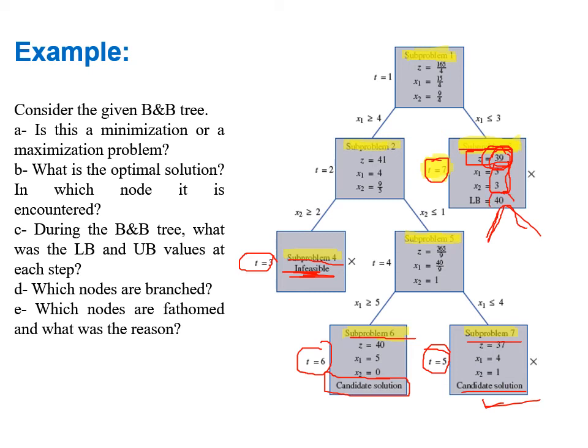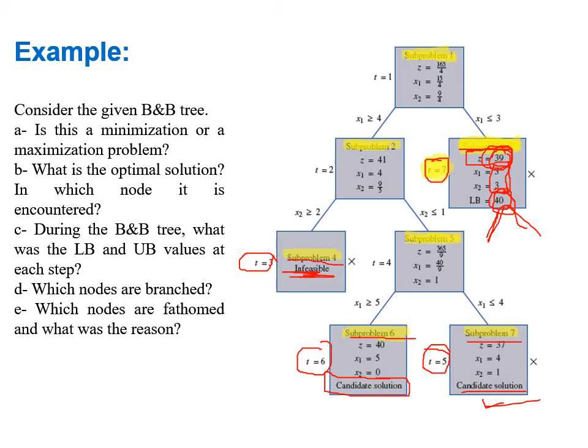But from our previous node, we know that we already have a solution with objective function value 40. So even if we explore this side further, we will not be able to find a better solution. In that case, we fathom because of bound.